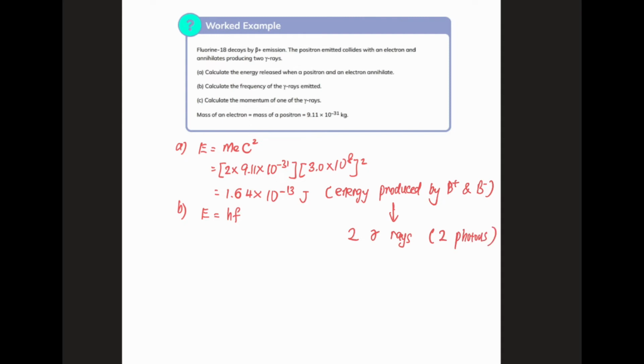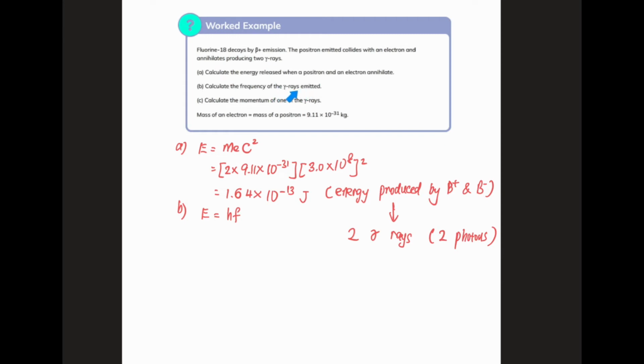Okay, so because of that, when you use E equal to hf, we are going to divide the energy by 2, because if you see the question here, the question wants us to calculate the frequency of the gamma rays emitted.